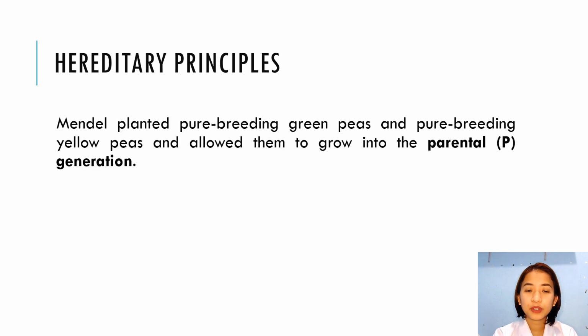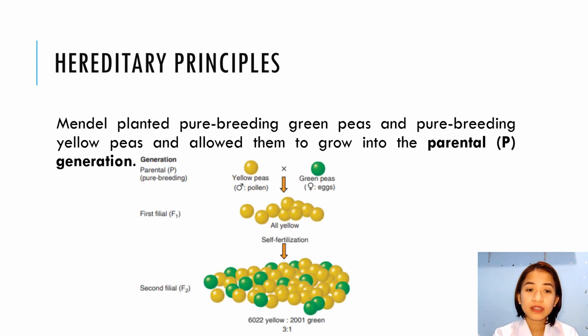Mendel planted pure breeding green peas and pure breeding yellow peas and allowed them to grow into the parental generation, or the P generation. Cross-pollination of pure breeding parental plants produces the F1 hybrids, all of which resemble one of the parents.